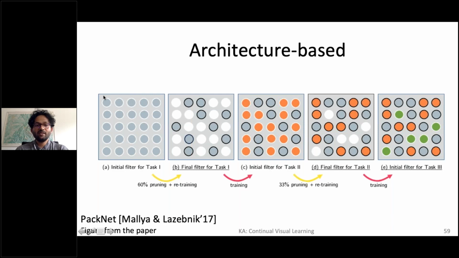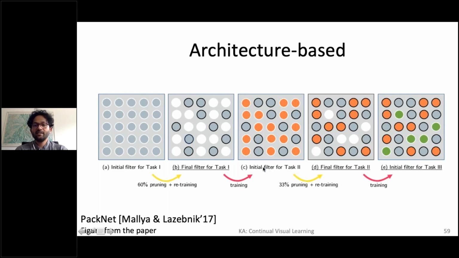What we do is we learn this filter for task 1, which means all the weights have been updated. After that, we do a pruning step where we discard some of the weights. Essentially we're trying to make space for new tasks that we're going to see. Here, let's say in the first step, you prune 60% of your filter weights.